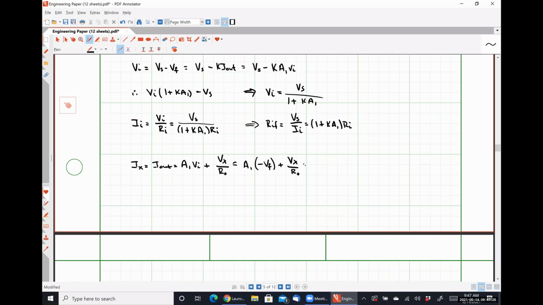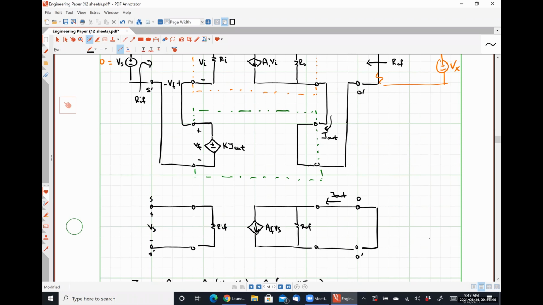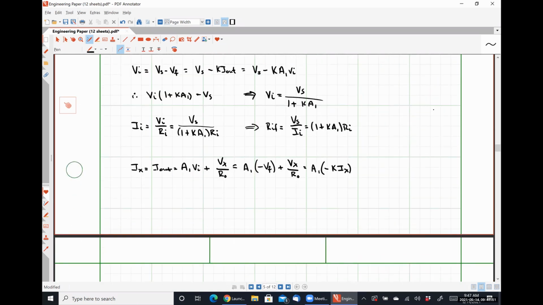And then finally, I can express negative VF as negative K·Ix. We know that our feedback voltage VF is simply K times I_out, where I_out is equal to Ix.